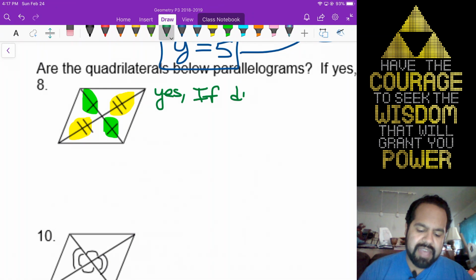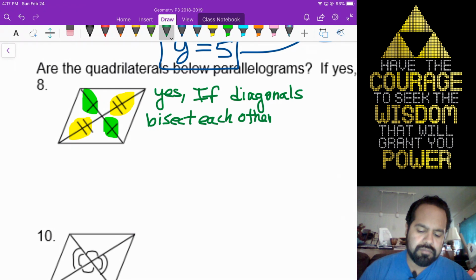If diagonals bisect each other, then the quadrilateral is a parallelogram.